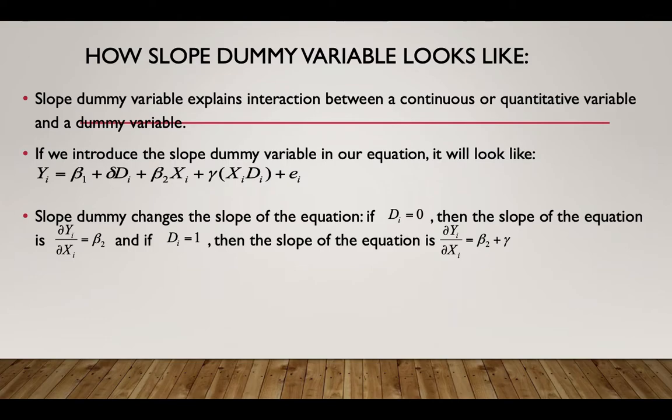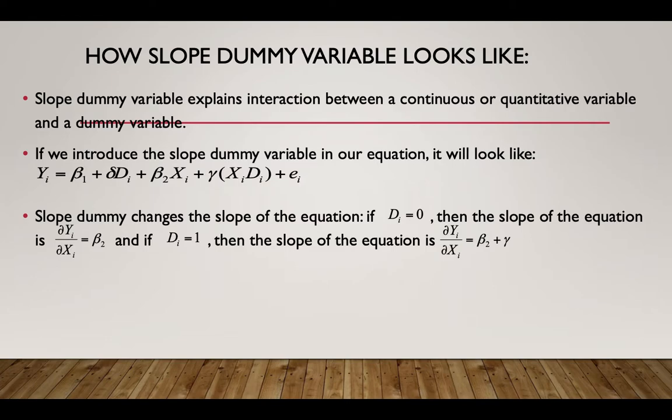If we introduce the slope dummy variable in our equation, it will look like yi equal to beta 1 plus delta di, this is the earlier intercept dummy variable, plus beta 2 xi plus gamma into, within bracket, xi di. Here xi is the quantitative variable and di is the dummy variable, and we are taking both of them together, and the coefficient is gamma, plus ei.